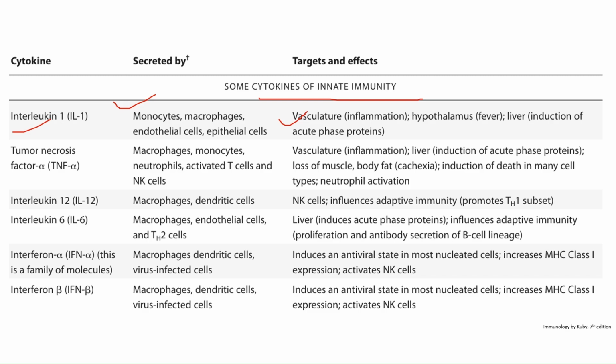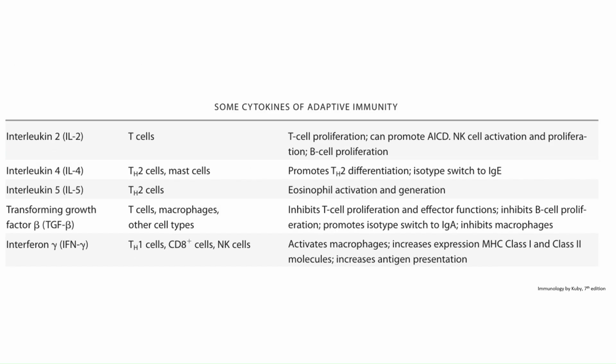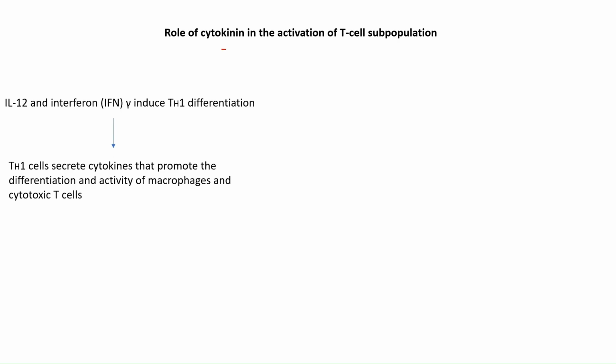This is of innate immunity. Similarly, this table is for some cytokines of adaptive immunity. So here also the name of the cytokine is given, the cells that secrete that cytokine are given, and its function is also given.